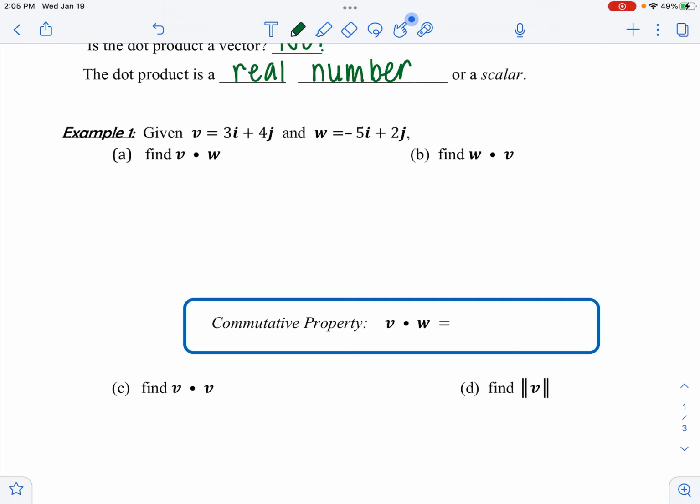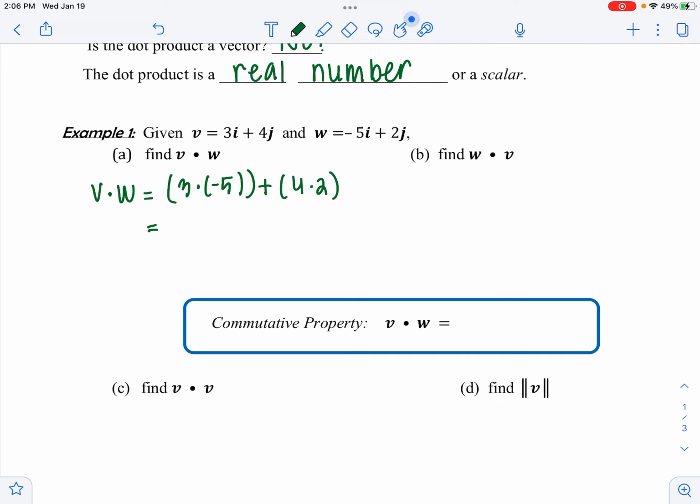Okay, so let's do an example of these two right here. Given vector v is 3i plus 4j and vector w is negative 5i plus 2j, find v dot w. So v dot w is equal to, you're going to multiply the a values, so that's 3 times negative 5, and I'm putting the negative 5 in another set of parentheses so it doesn't look like minus, plus 4 times 2, like so.